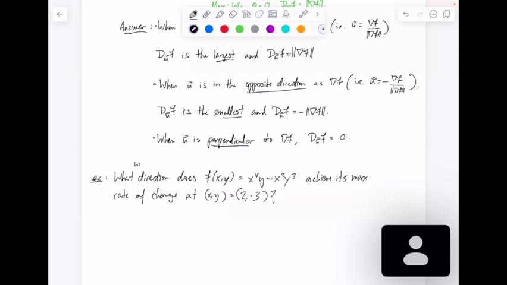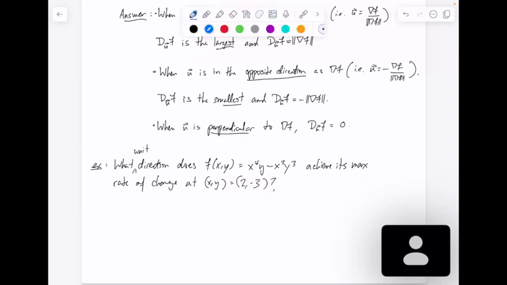Let's say a unit direction, just to make sure. Maybe in the interest of time, I'll leave this as an exercise, but this is basically just finding the gradient.